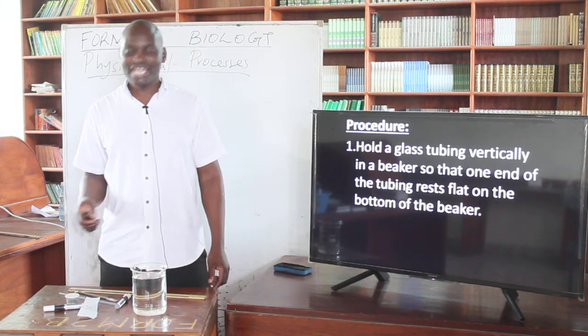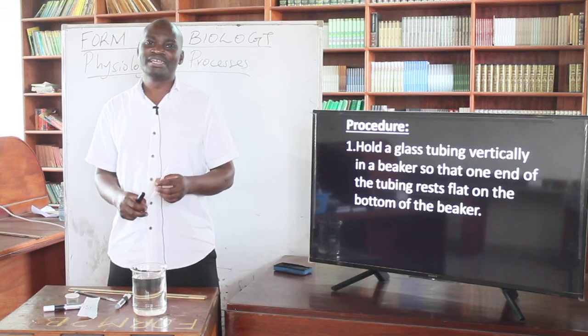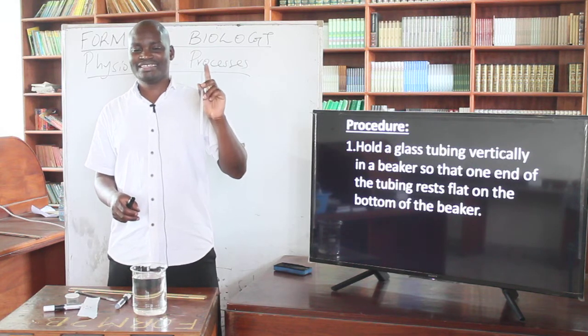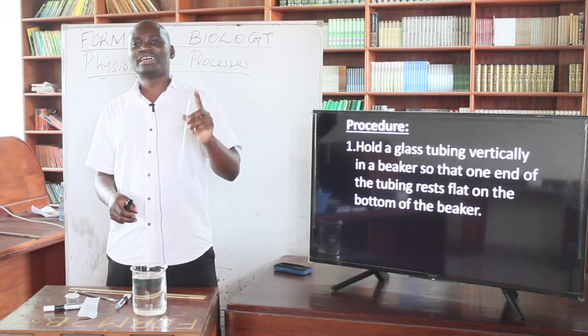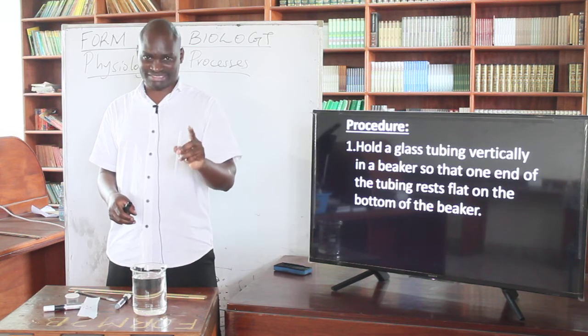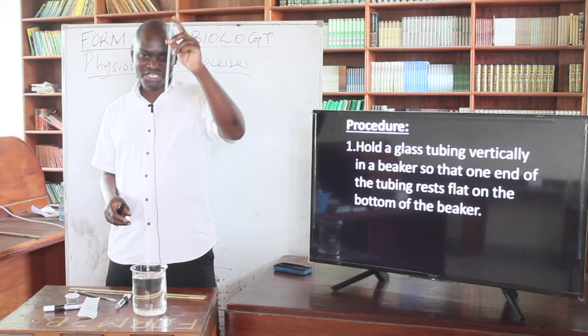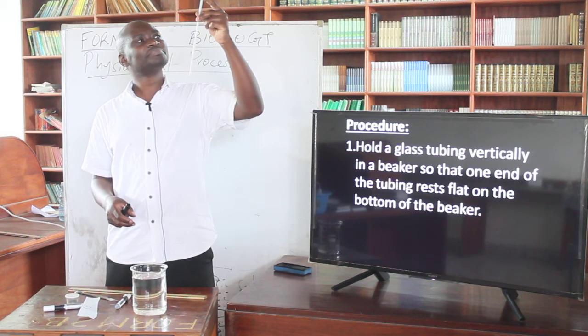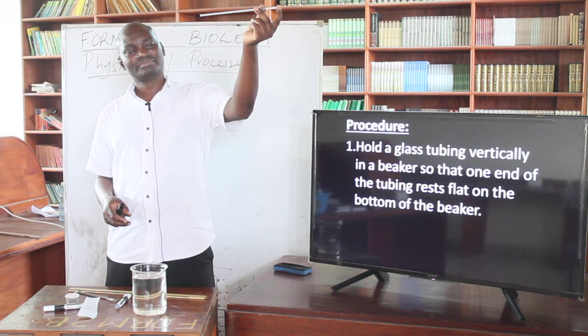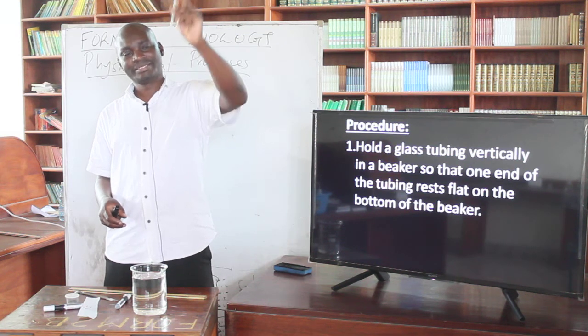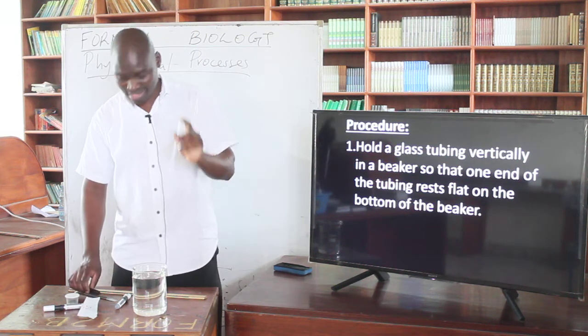So the first procedure is to hold a glass tubing vertically in a beaker, so that one end of the tubing rests flat on the bottom of the beaker. So this is my tubing.